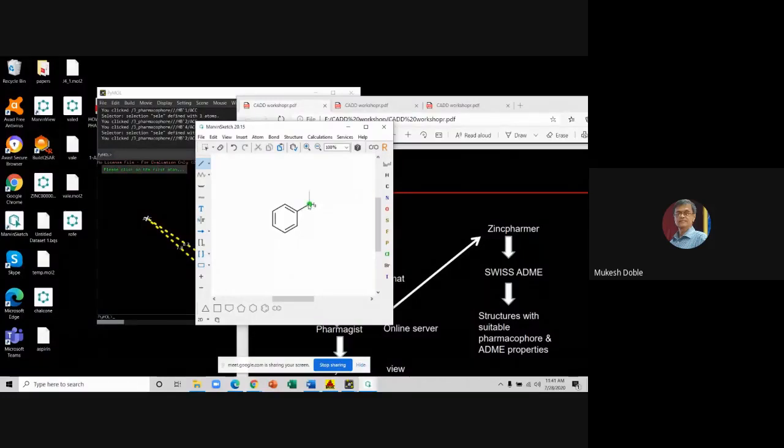That's called the minimum energy confirmation of the molecule. Imagine I'm drawing a new structure, something new, which is not there in Zinc, or you can even search other databases to see whether that structure is there. Imagine it's totally new.